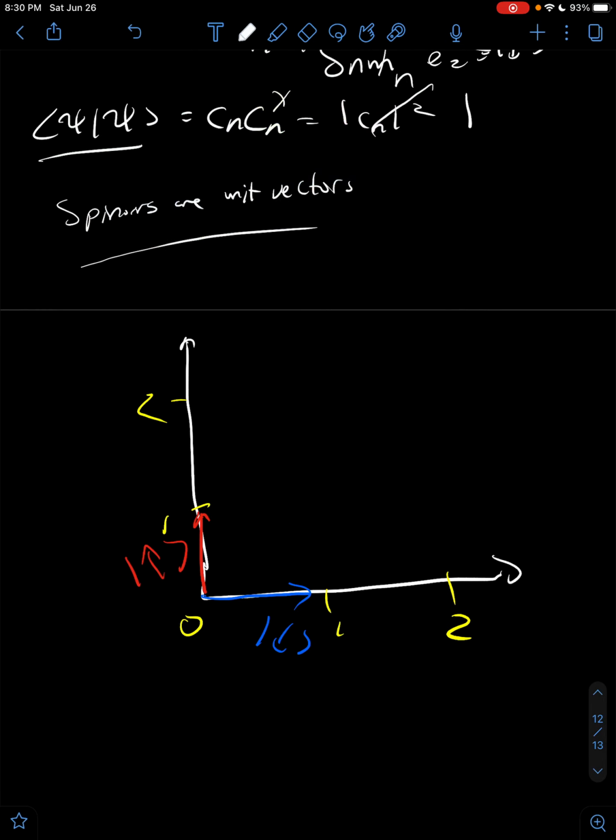And the spinor state should be some superposition of spin up and spin down, which will have a length of 1, by the way. So yeah, that's just one way to draw spinors. Spinors are vectors, spin states are vectors, and that's just how you draw them in the mathematical coordinate system.